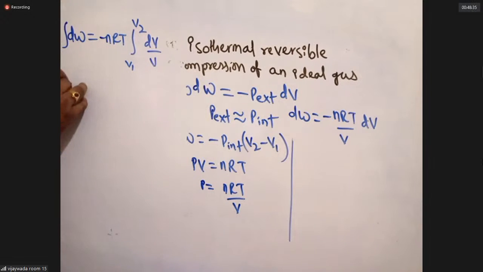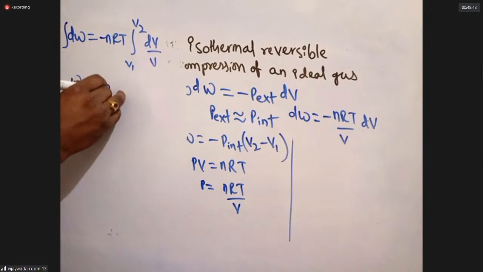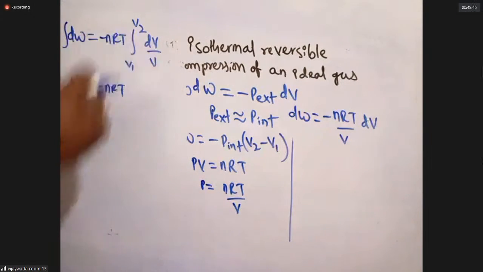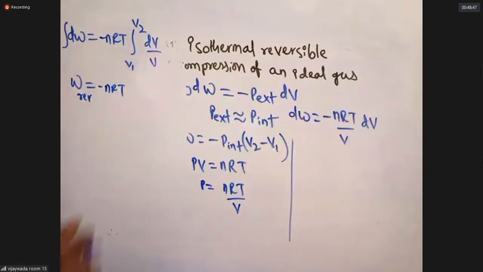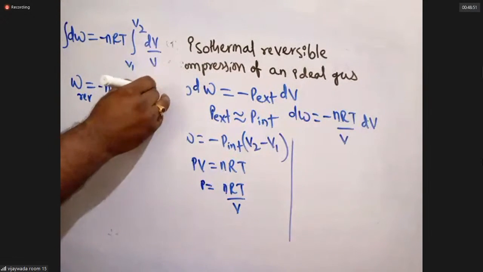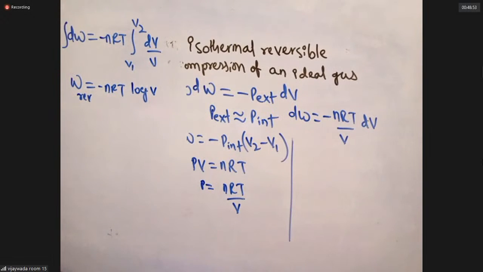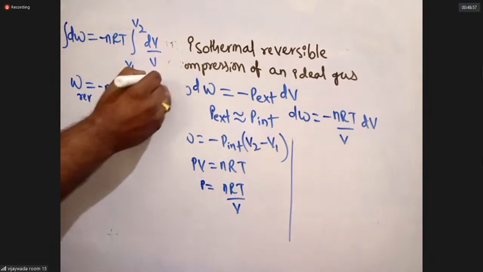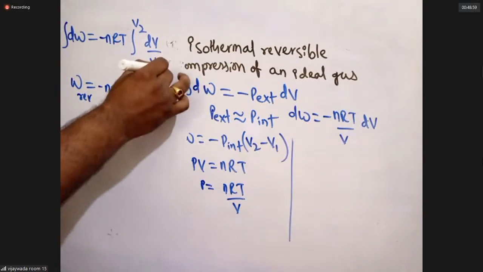Integral dV. W equal to, it is W reversible. You have to specify here W reversible equals minus nRT integration dV by V, log V. Am I correct? So log V from V1 to V2.